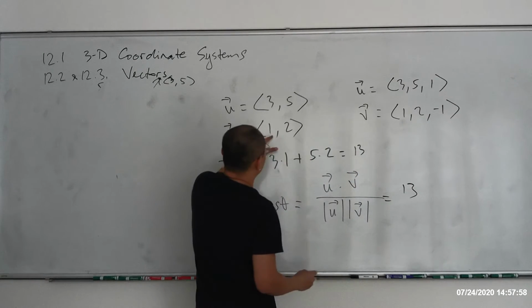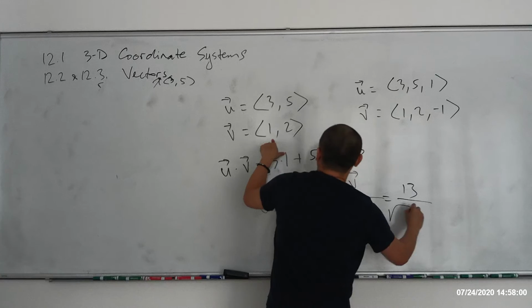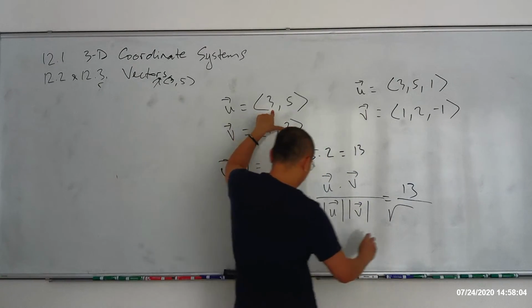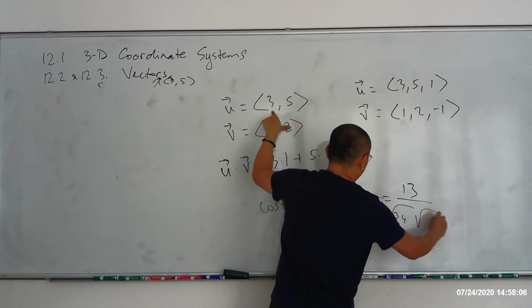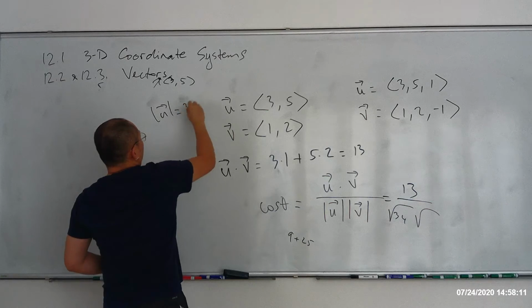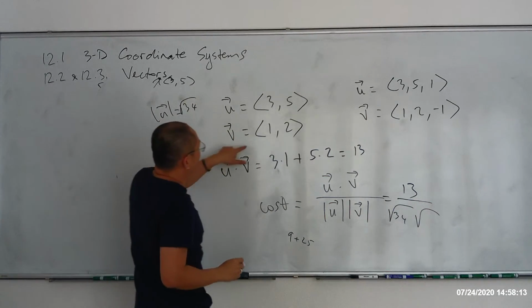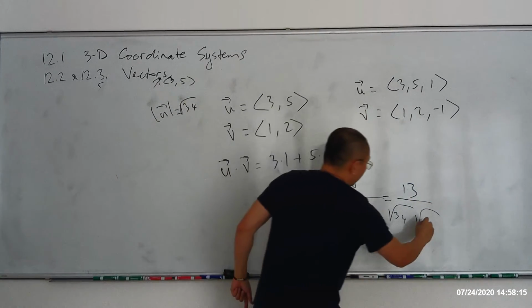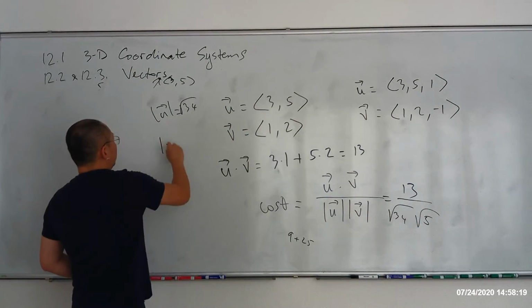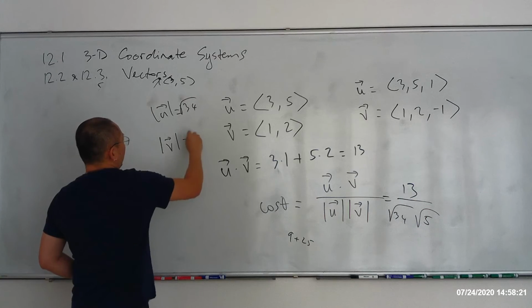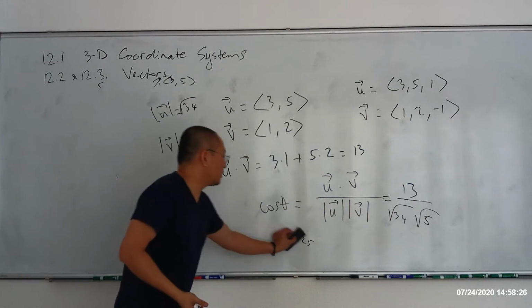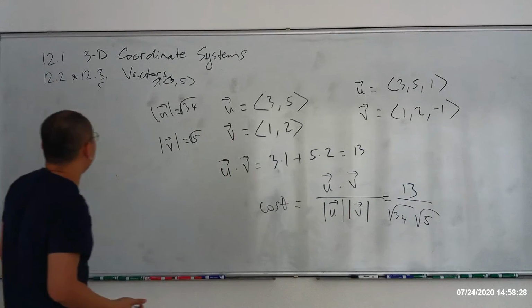And the magnitude of u is the square root of 9 plus 25, which is 34. And then v is 1 plus 4 is 5, so square root of 5. And you multiply them out, you have the answer. And use a calculator, apply cosine inverse. You should have the value for the angle.